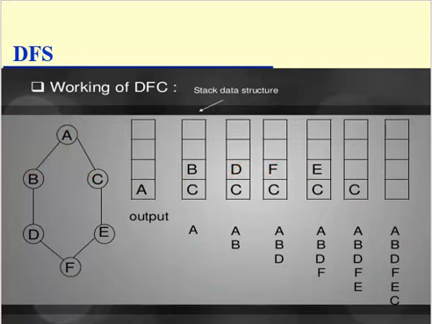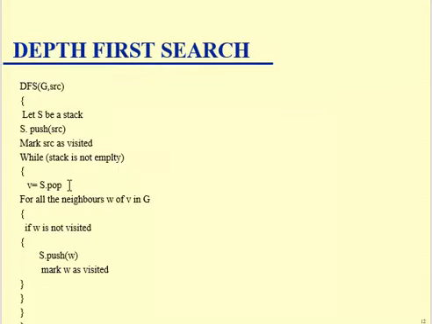So the method is similar to that of BFS. The only difference is that instead of a queue, you are using a stack. You can find more examples from the net and try out BFS and DFS on those graphs, because these are very important. And okay, this is the algorithm.